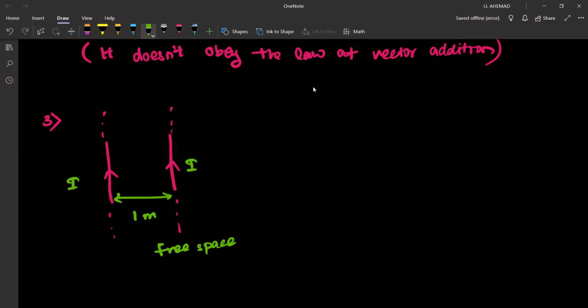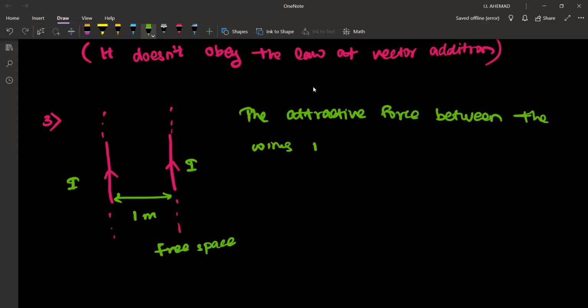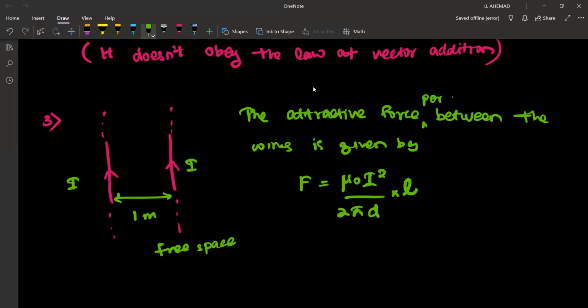So we know the attractive force between the wires is given by F is equal to mu naught I square over 2 pi d into L. Let's say attractive force per unit length, then I can bring this L down here.